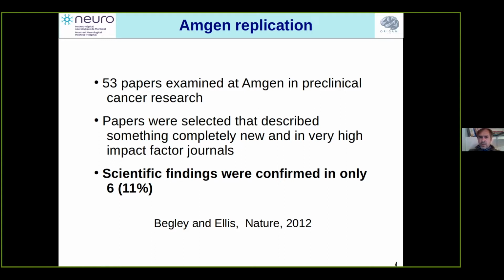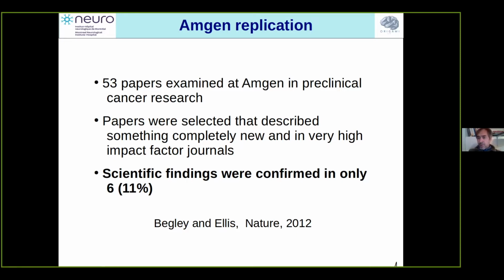Then they tried to see how they could reproduce the results for their own development of drugs. After a year or two, talking to the authors, trying to replicate within their labs, or even sometimes going to the authors' labs, they were only able to replicate 6 of the 53 results.